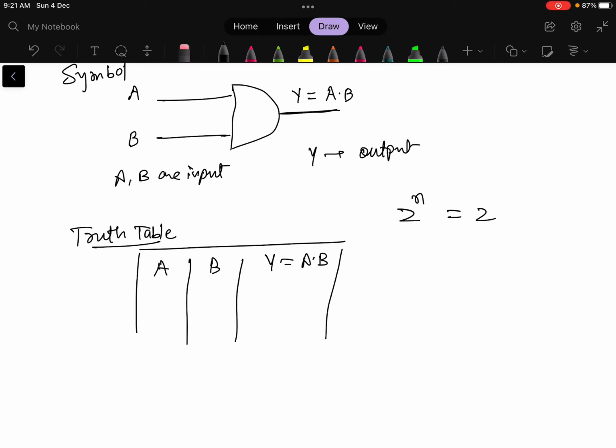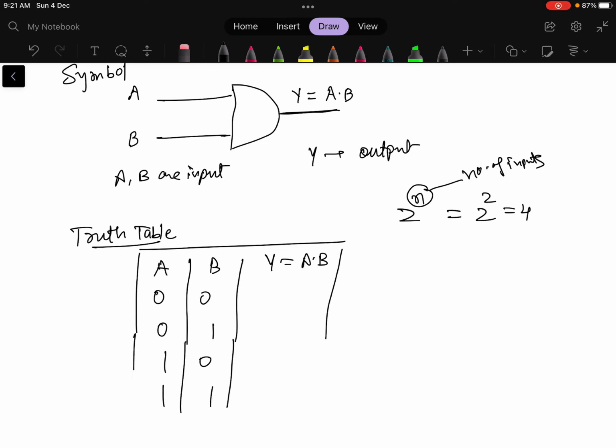So 2 to the power 2 is 4, so we have 4 rows: 0 0, 0 1, 1 0 and 1 1. 0 multiplied by 0 gives 0, 0 multiplied by 1 gives 0, 1 multiplied by 0 gives 0, and 1 multiplied by 1 gives 1.